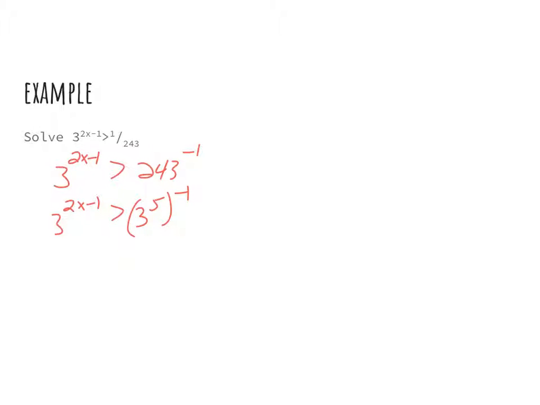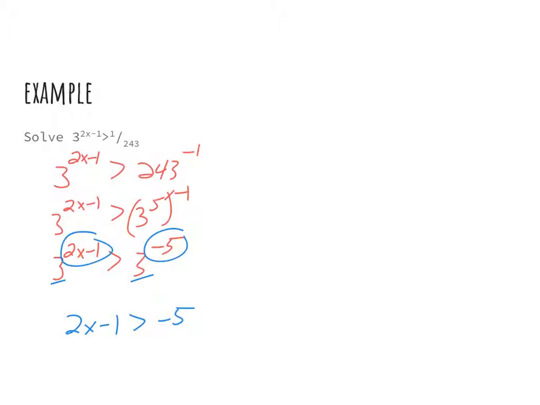So now I can multiply my exponents. I've got 3 to the 2x minus 1 is greater than 3 to the negative 5. Once my bases are the same, I go to the exponents and I use my inequality. So I would say that 2x minus 1 is greater than negative 5. Solving for x, I can add 1 to both sides. 2x is greater than negative 4. Divide both sides by 2. I get that x is greater than negative 2.